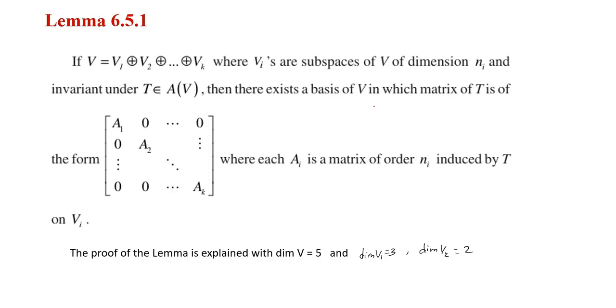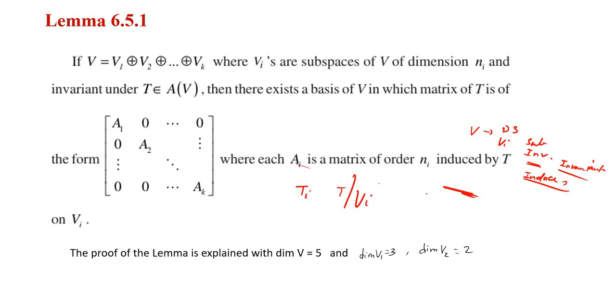So V should be the direct sum, and the Vi should be invariant subspaces. Whenever invariant comes, you must see to it that you write induces. So these Ai's are the matrices induced by T on Vi. That is what is denoted as Ti, T restricted to Vi.